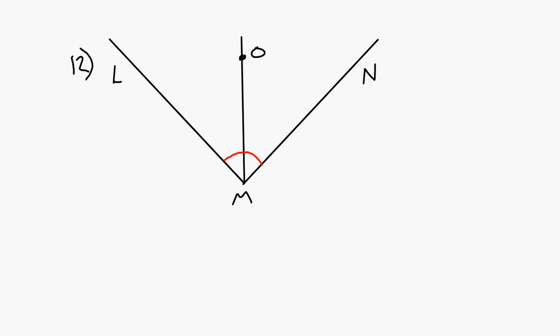So the smaller angles on the left and right are equal to each other. LMN. Okay, so this time they give you the big angle. The big angle is equal to 6x minus 24. LMO is equal to x plus 38.